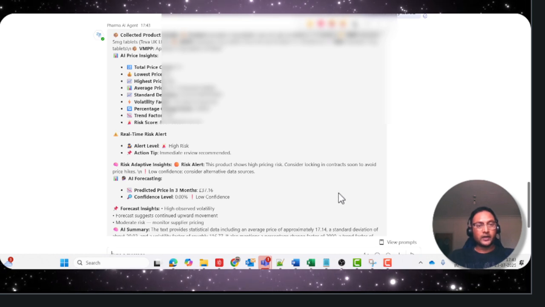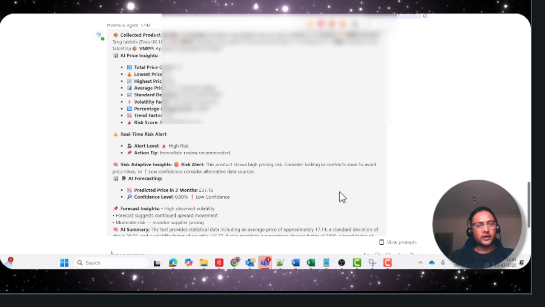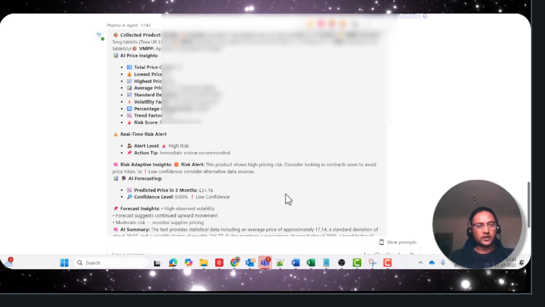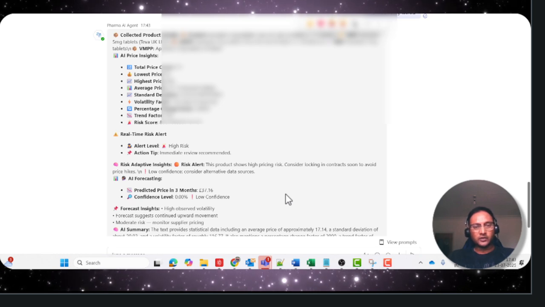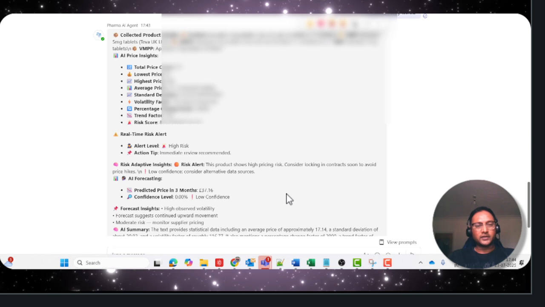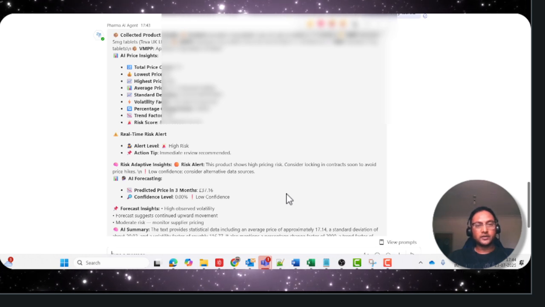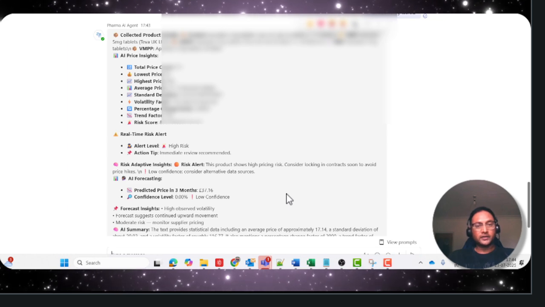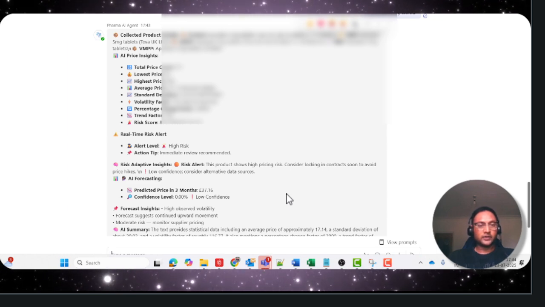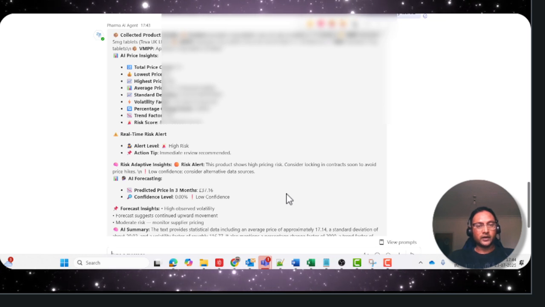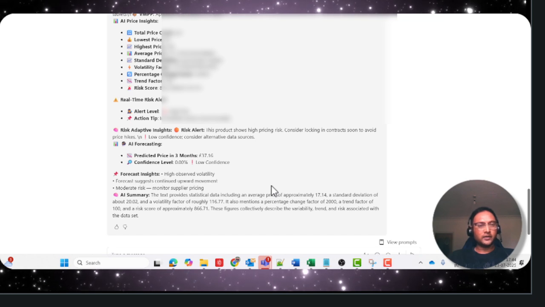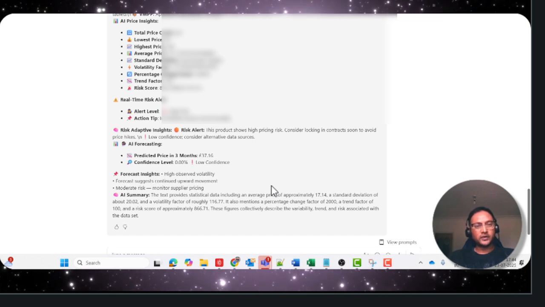Consider alternative data sources. On the forecasting, it says the predicted price in 3 months will be around this particular value, and the confidence level is 0 because the trend, if you see on the price, is variable. So it says confidence of 0. And it says forecast insights as high observed volatility. Forecast suggests continued upward movement, moderate risk, monitor supply pricing.